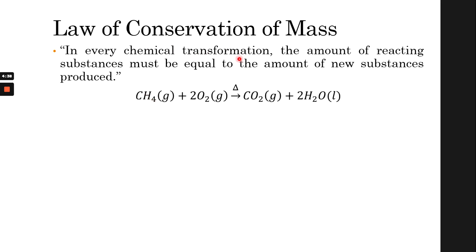That is the law of conservation. So let's take this combustion process for example. We are burning methane gas. By combining 1 mole of methane gas and 2 moles of oxygen, which is a combustion process, we are creating carbon dioxide and water as our products.